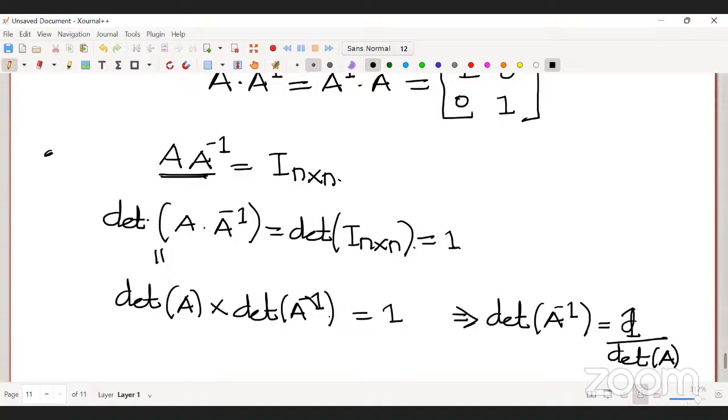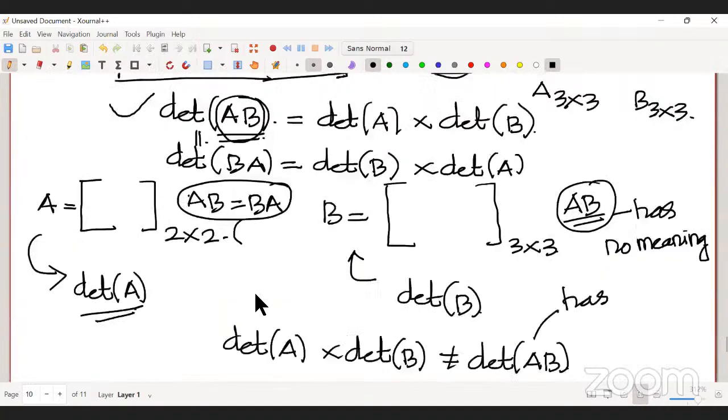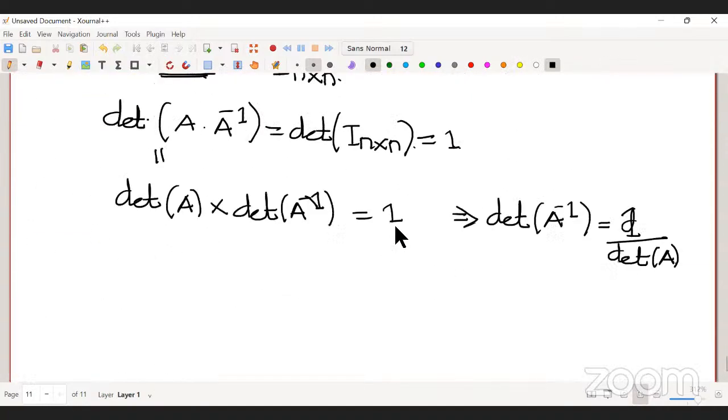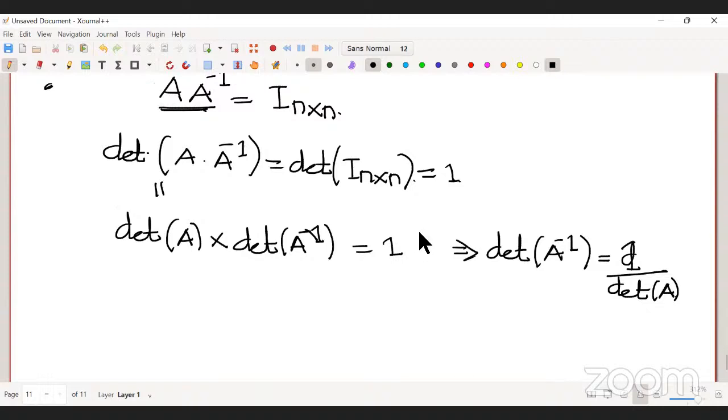So using this property of determinants, once I know the determinant of A, I can tell you about the determinant of A inverse and vice versa. Once I know the determinant of A inverse, I can tell about the determinant of the matrix. And if I know the determinant of the matrix, then I can give the determinant of A inverse. So I don't have to compute both separately.